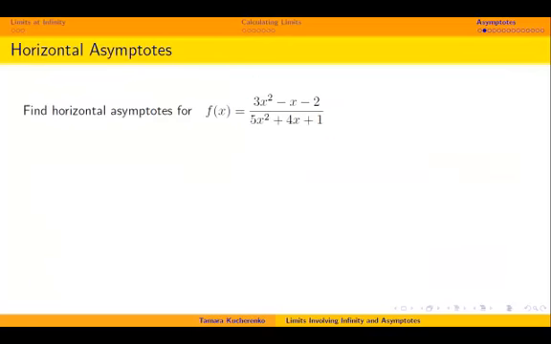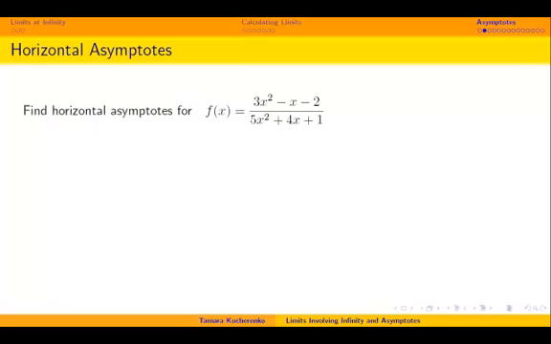Let's find horizontal asymptotes for the function 3x squared minus x minus 2 divided by 5x squared plus 4x plus 1. To do that, we simply need to compute limits of f at positive and negative infinities.